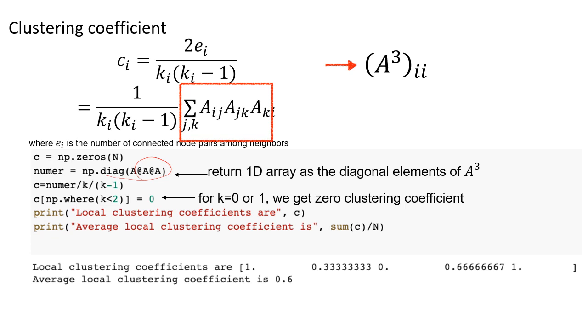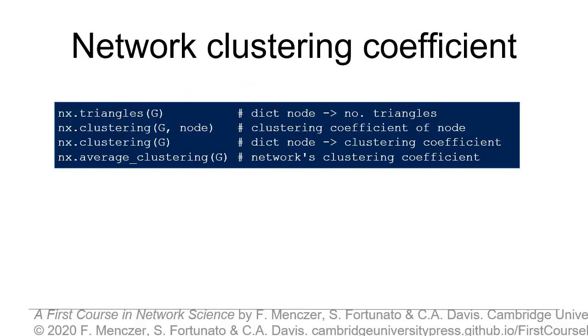Then for your example network, you can find the local clustering coefficient. If you get every local clustering coefficient, then you can get the average clustering coefficient, the average of these local clustering coefficients. Here are some NetworkX functions.